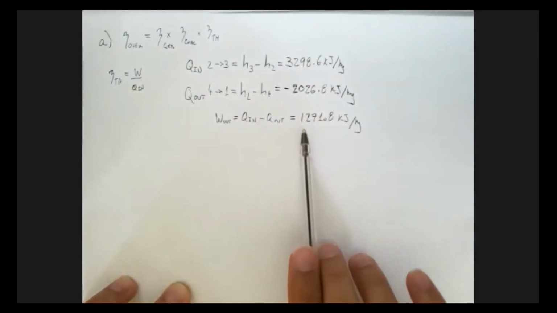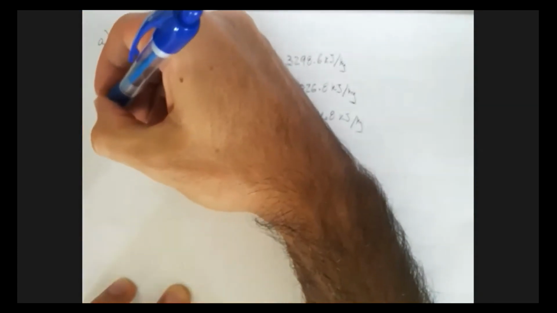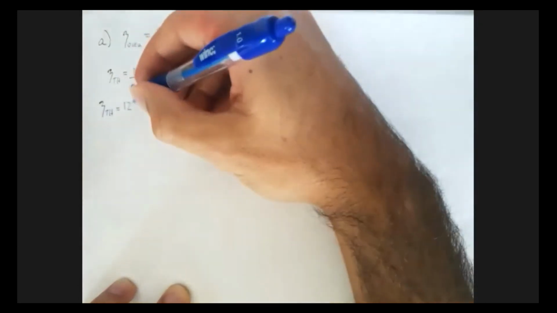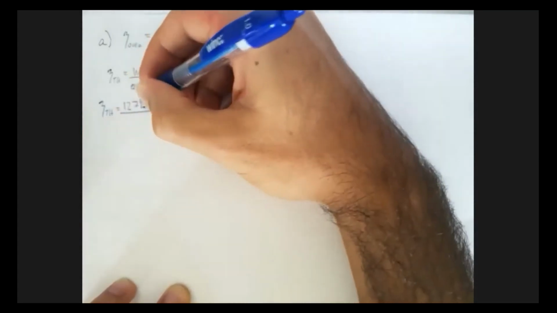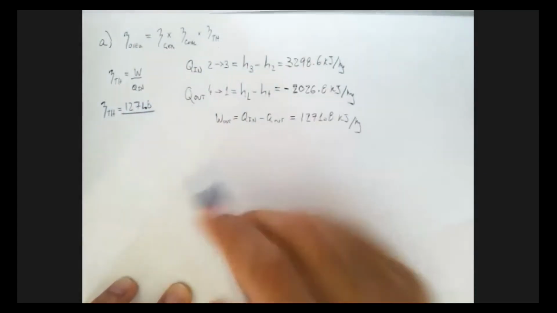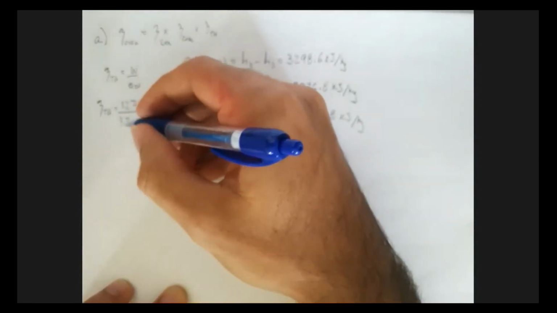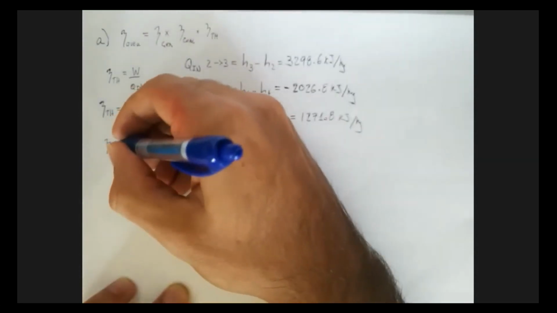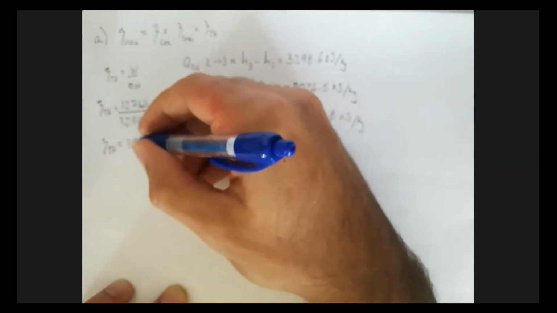My efficiency is 1,271.8 divided by my Q in, 3298.6. My thermal efficiency is 38.56%.